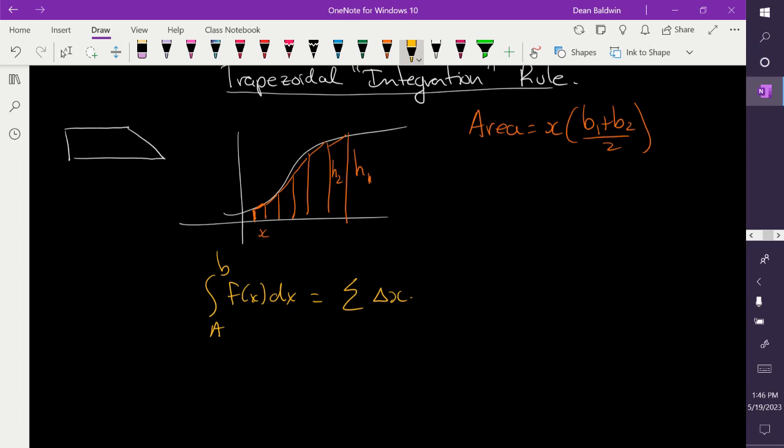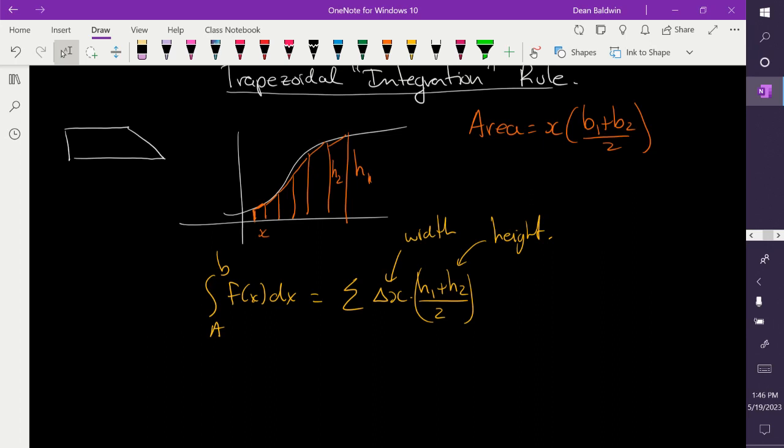I'll show you a formula for delta x here in a sec. Well, it's the same as the other one. Times, I'm going to call it h1 plus h2 over 2. So this is the width of the trapezoid, and this is the, for lack of a better term, the height, although you're kind of averaging the heights, as you can see.